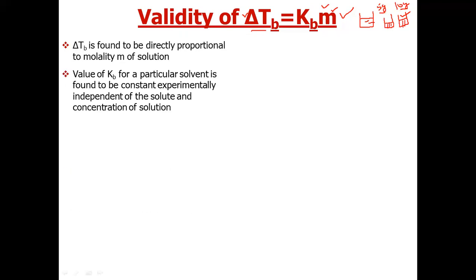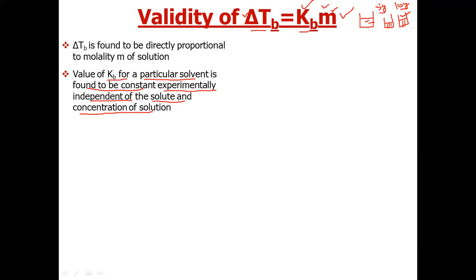Second, as Kb is constant for a particular solvent, the value of Kb depends upon the nature of the solvent. So what we can do is check that Kb for a particular solvent is found to be constant experimentally, independent of the solute and concentration of the solution. Let us first discuss concentration of the solution.